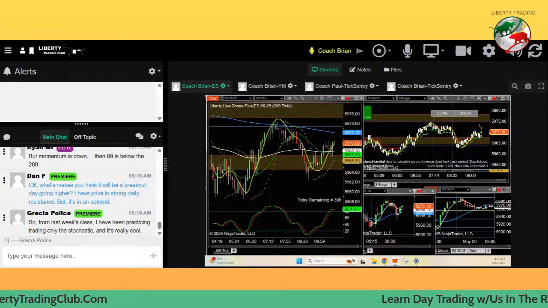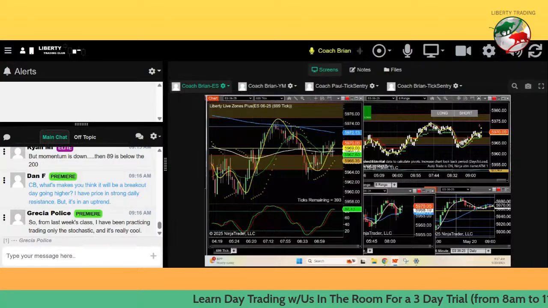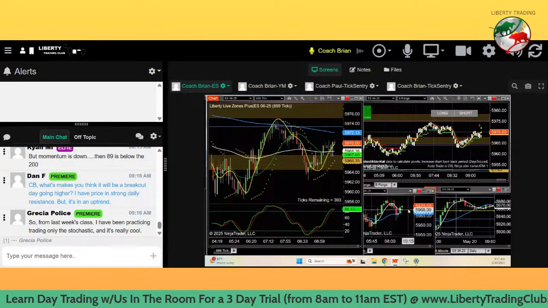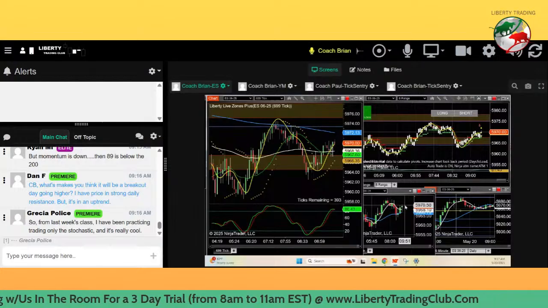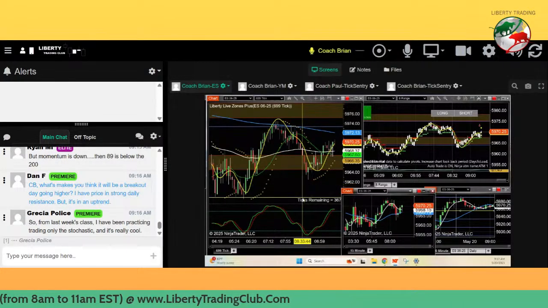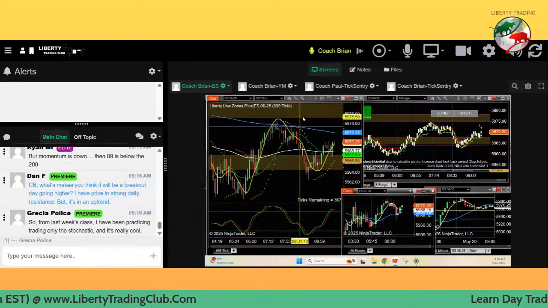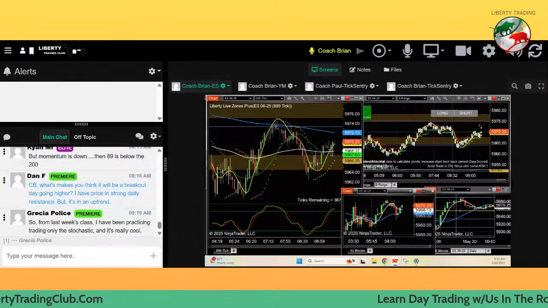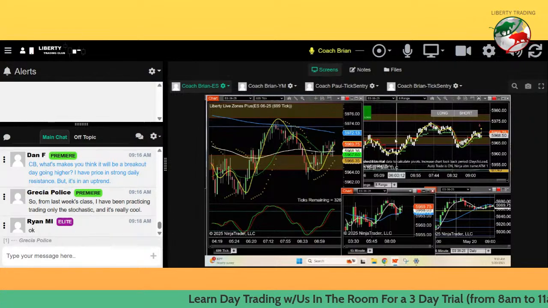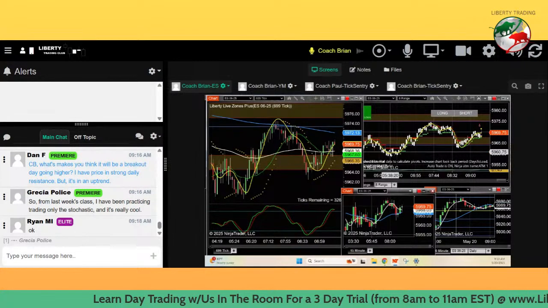Then 89 is below 200. Yeah, 89 below 200 here on the tick chart, and price above the 5-period moving average on the 15-minute chart tells us that trend is mixed or neutral. In our definition, we call this neutral. Okay, Ryan.